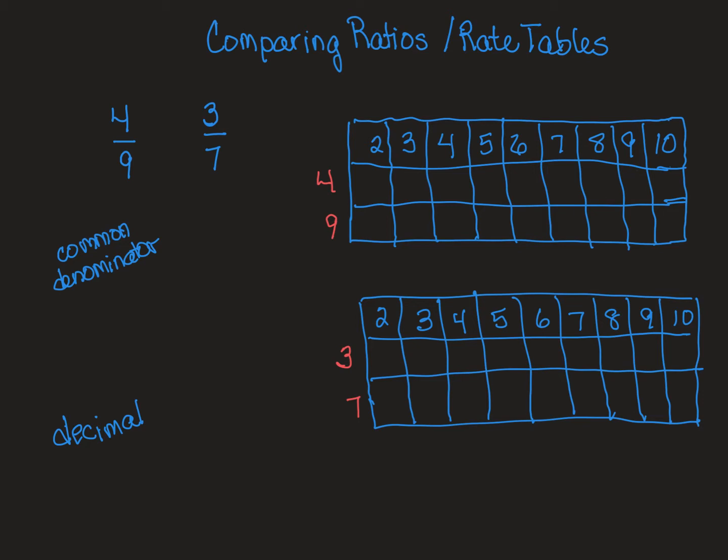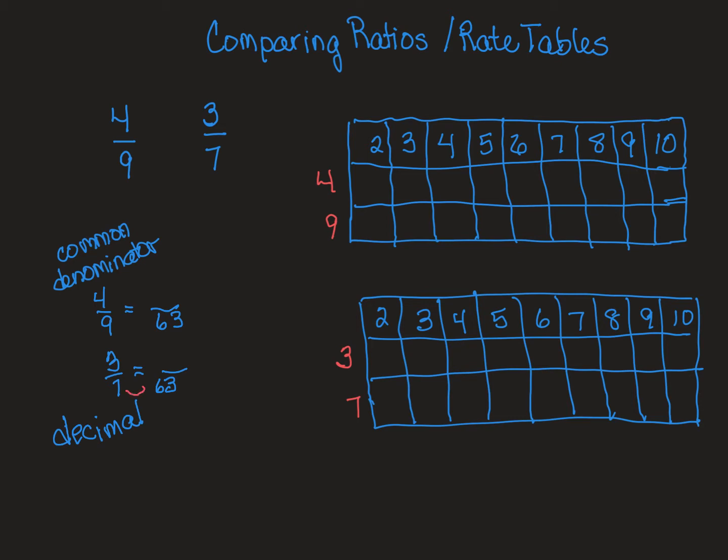So if I have 4 over 9 and 3 over 7, I want to find a common denominator. I know that both 9 and 7 go into 63, which means I'll be able to compare.